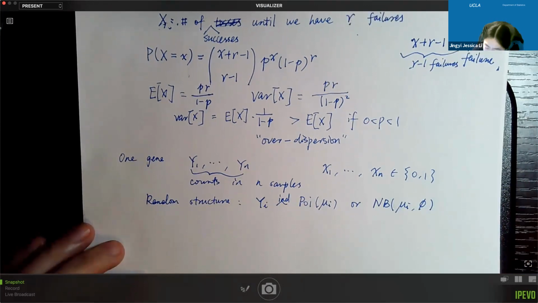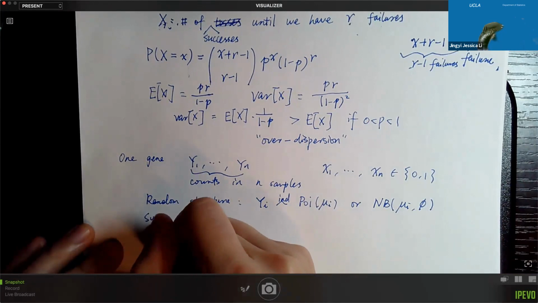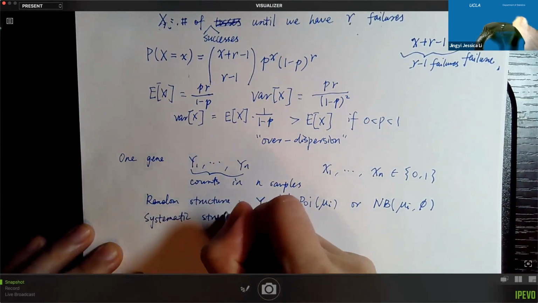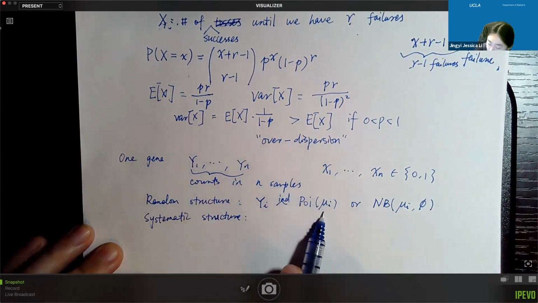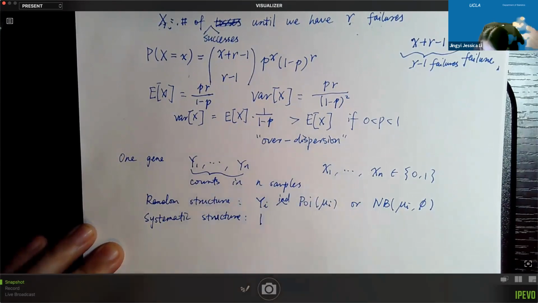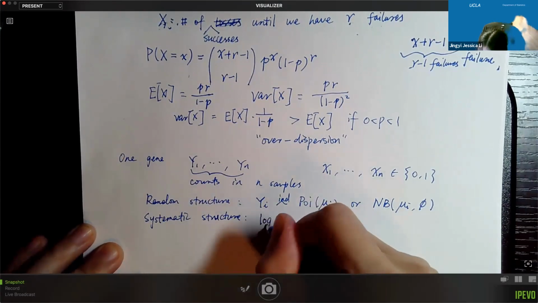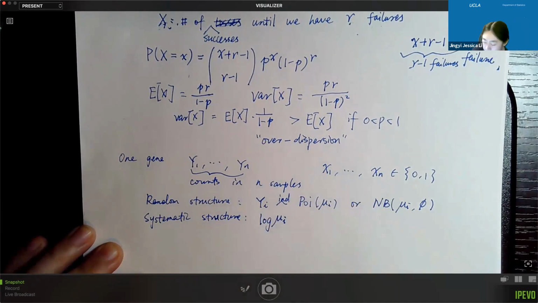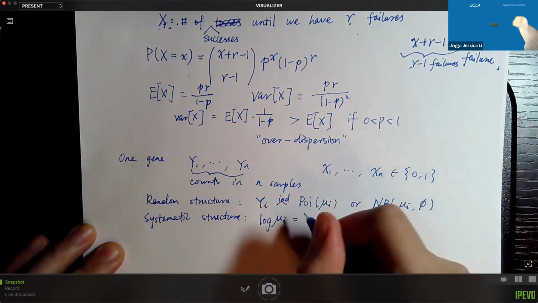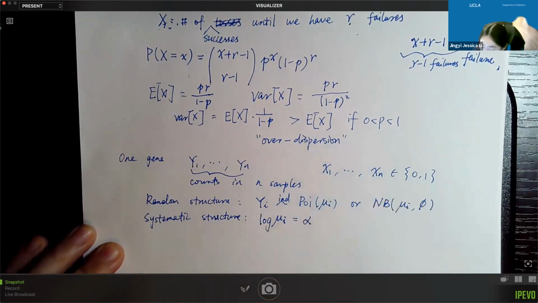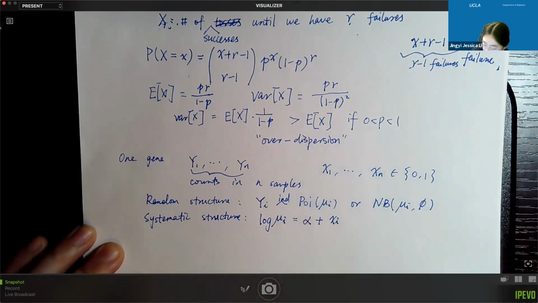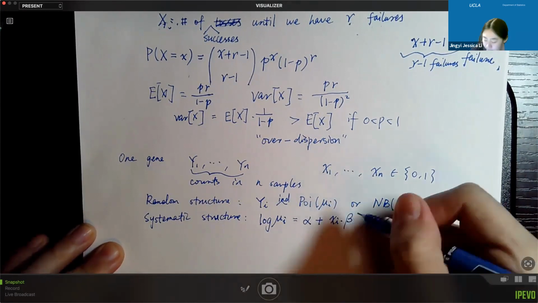And then the systematic structure is going to link the mean parameters to the condition. In these two Poisson or negative binomial models, I'm going to assume log of mu i is equal to some intercept alpha plus xi, the binary condition, times beta.